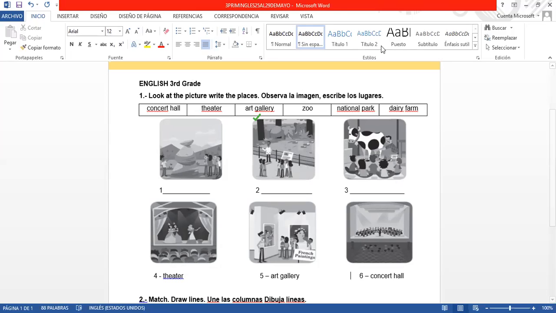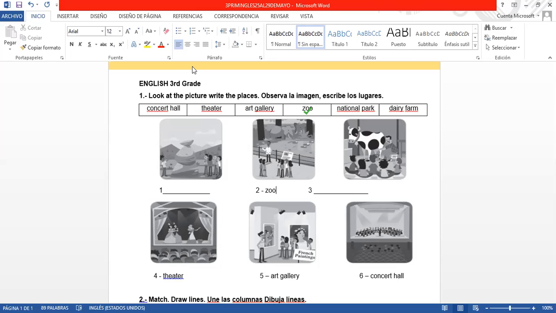Okay, the next word that we have in the vocabulary is zoo. Zoo is a place where they keep animals for show. Sometimes they keep them for the preservation of a species, but not in every case. So we're going to say that number 2 is a zoo.